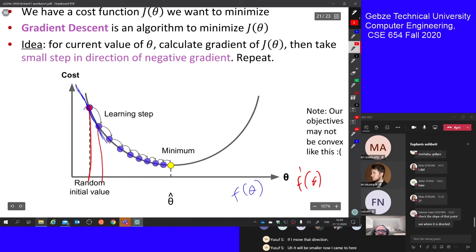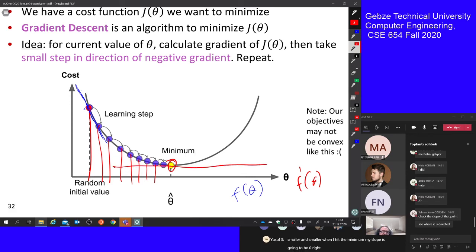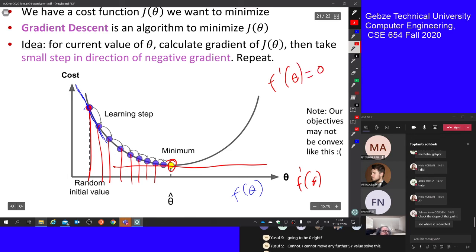Again, I will take another derivative. Every time I take a new derivative, my slope is getting smaller and smaller. When I hit the minimum, my slope is going to be 0, right? I cannot move any further. That's why when you solve f'(theta) = 0, it will give you the maximal, minimal, local minimum points, right?